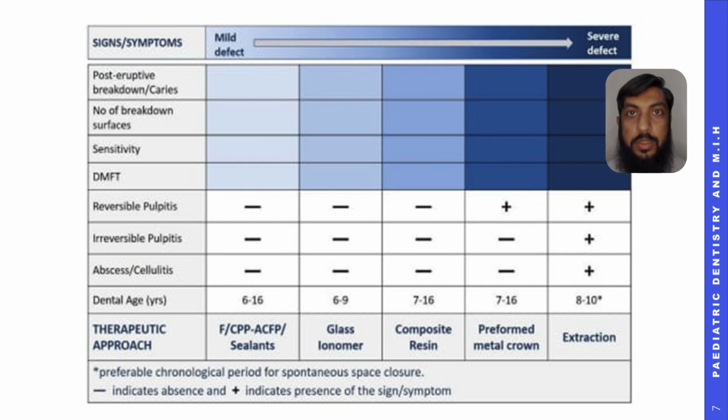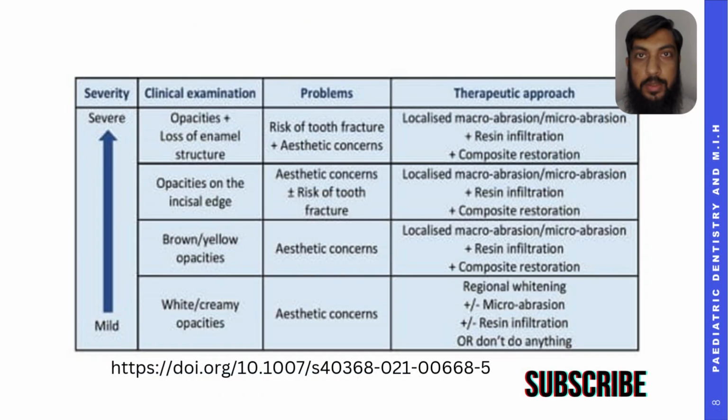How are we going to classify the severity of MIH? The article classifies the severity of MIH based on the lesion in the clinical examination. If the lesions are white, then it is mild. Then progressing further, it becomes brown to yellow opacities. Then further, the opacity is present on the incisal edge.